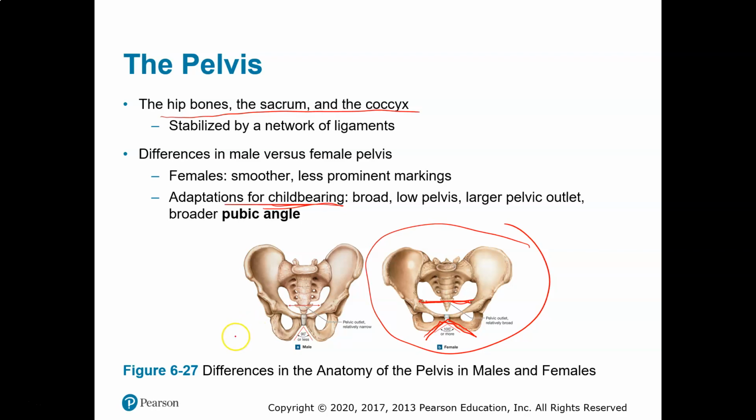And you can see definitely the male has a smaller angle between the two pubic bones, and it has a smaller pelvic outlet or less distance. Men have skinny hips. Even the bones are skinny.